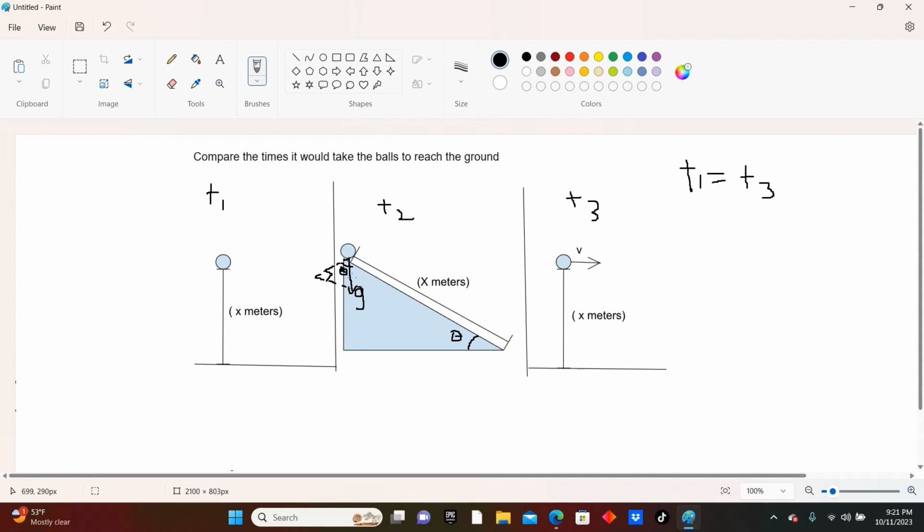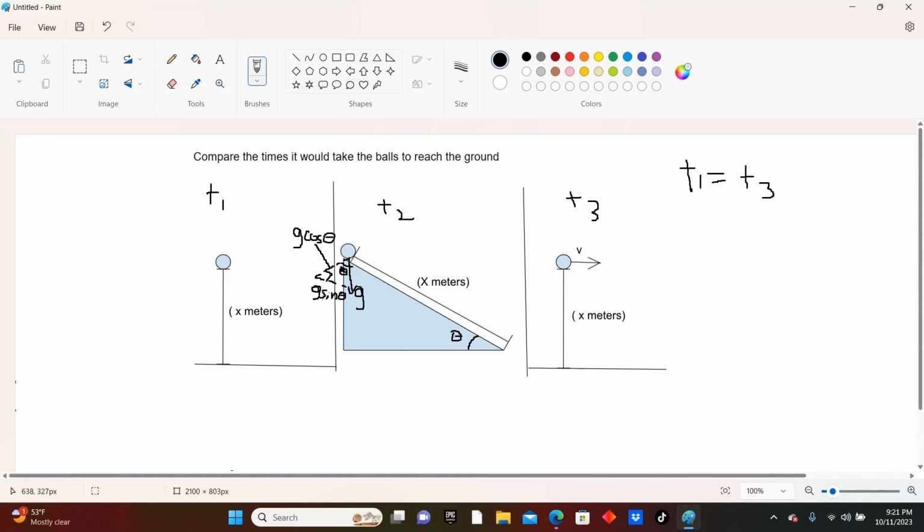So using this information, this component here would be g sine theta. And this component here would be g cosine theta. So the acceleration along the ramp will be determined by g sine theta.